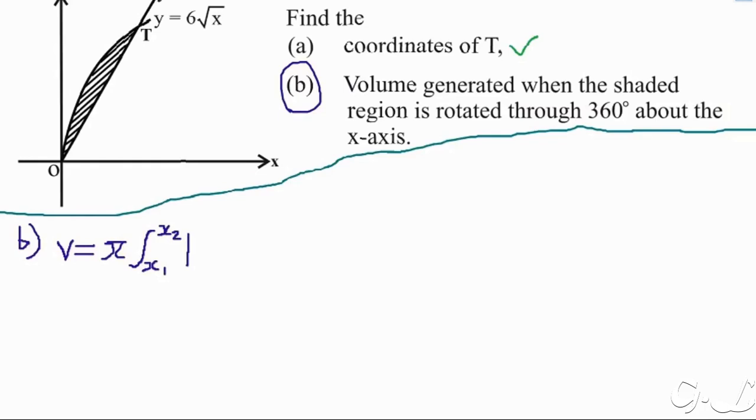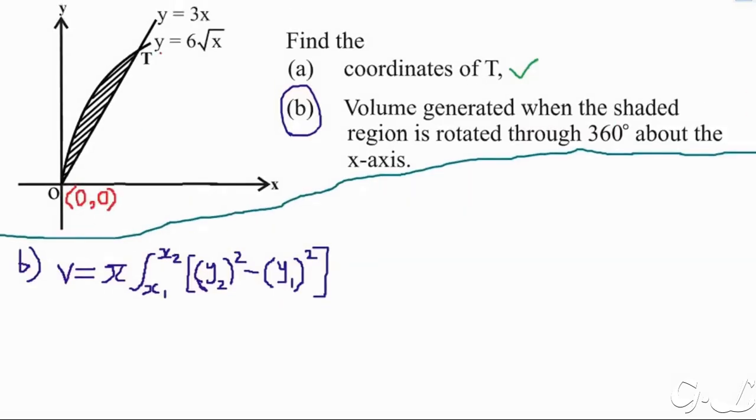You have to write something like pi, with the lower limit x1 and the upper limit x2, and then you integrate. In the brackets it will be y2 squared minus y1 squared. So this is how it should be.